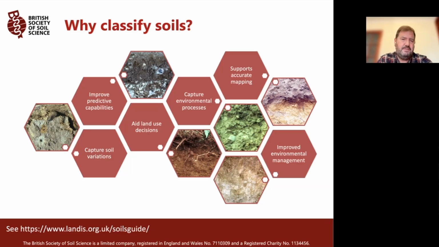It's trying to understand environmental processes through an understanding of the derivation of the soils through millennia. And of course, having that classification allows us to produce robust, accurate mapping and support environmental management.